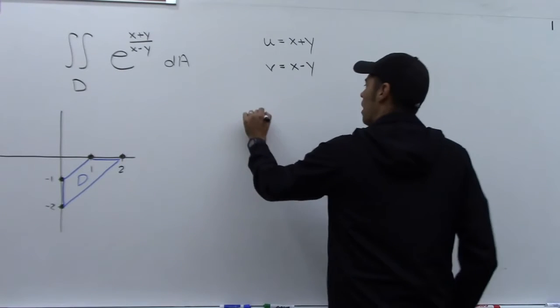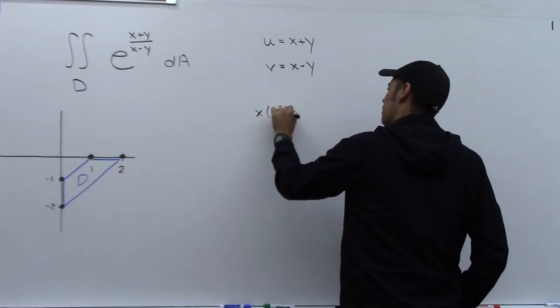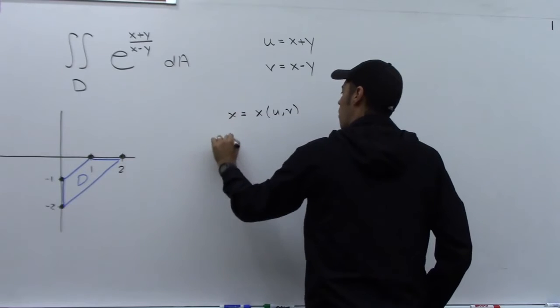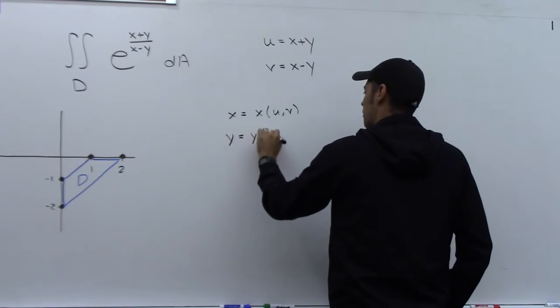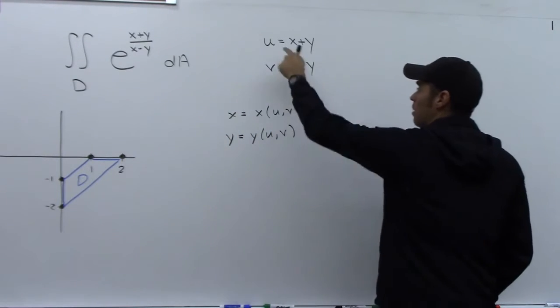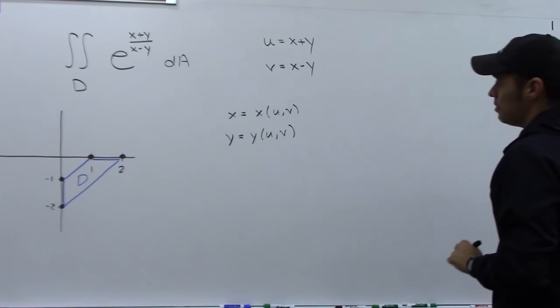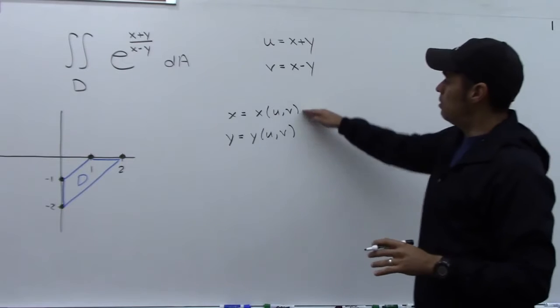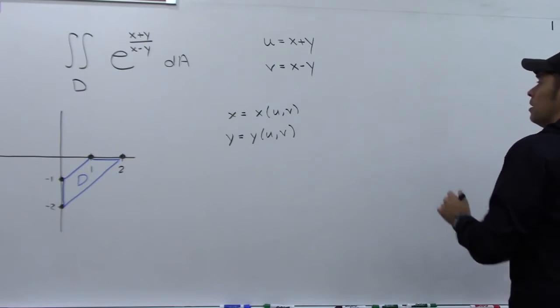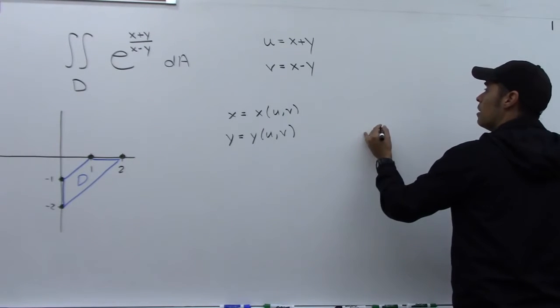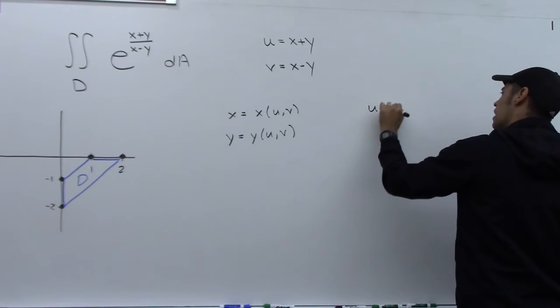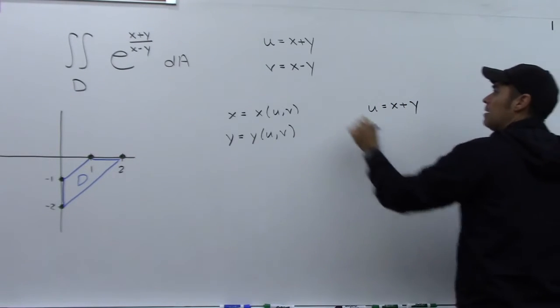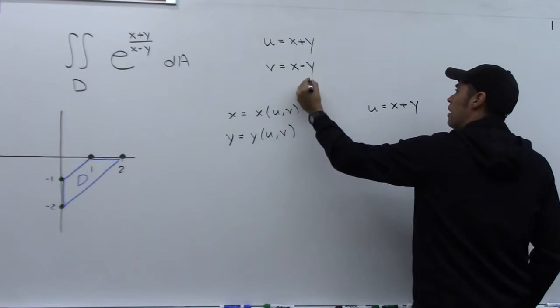But remember, I need to write x as a function of u and v, and I need to write y as a function of u and v. Right now, I've written u as a function of x and y, and v as a function of x and y. So let me switch these over first. I can take u equals x plus y, and v equals x minus y, and solve for x.